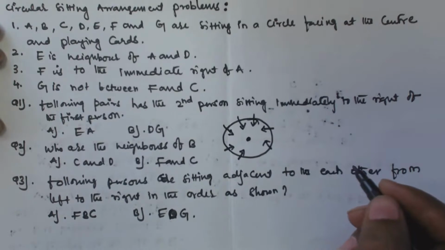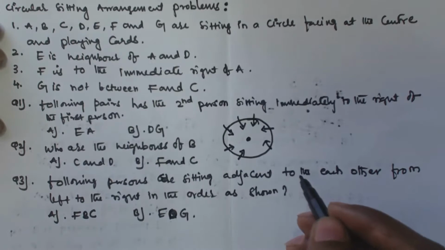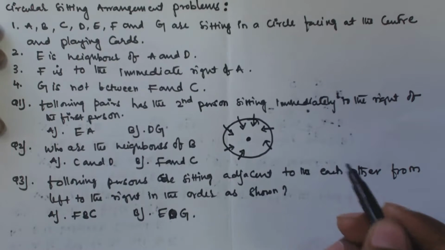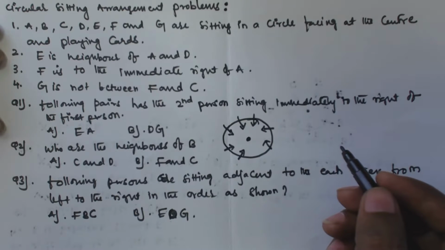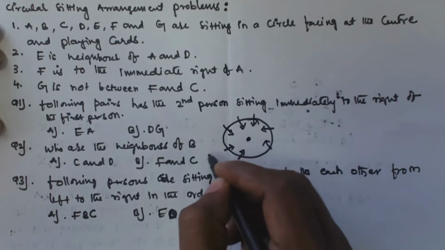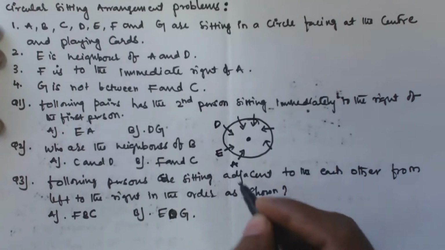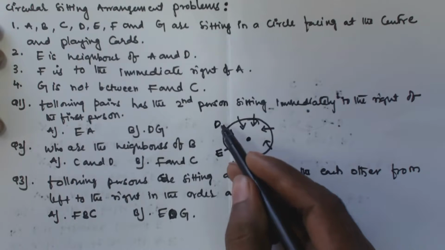E is the neighbor of A and D, so that means E is sitting between A and D. Let us take E here, A here and D here. In this way, E becomes the neighbor of A and D.